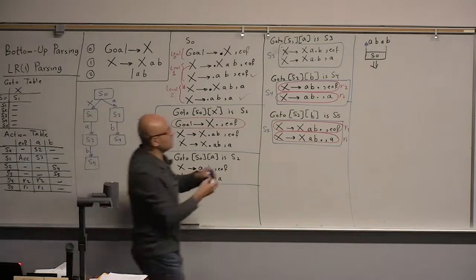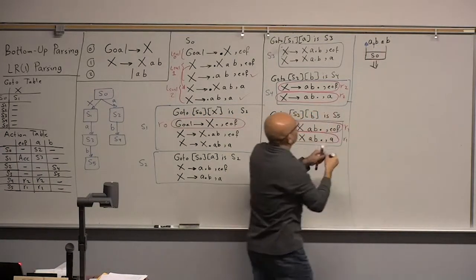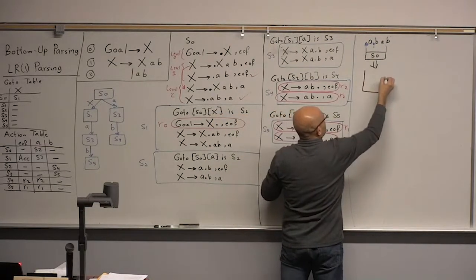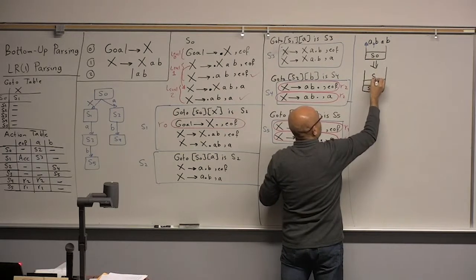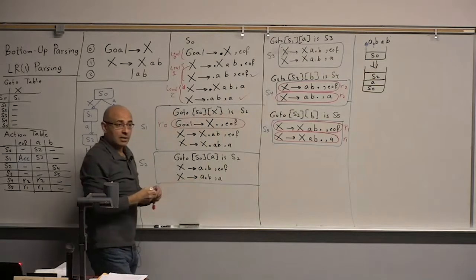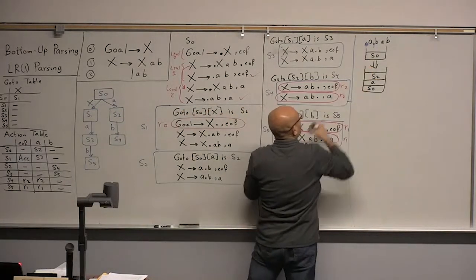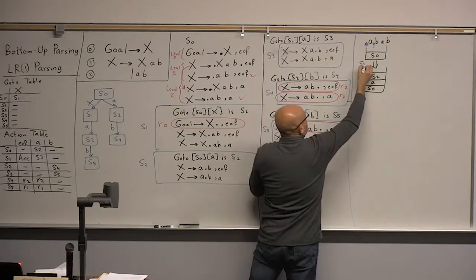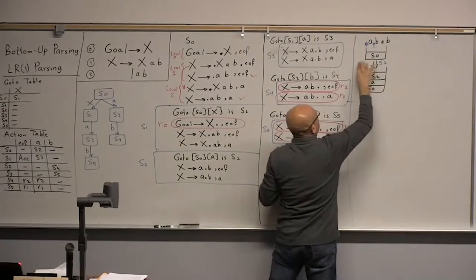So shift means moving this and going to state 2. Now we are in S0, we shifted an A, and we are in S2. That's what the table told us to do.